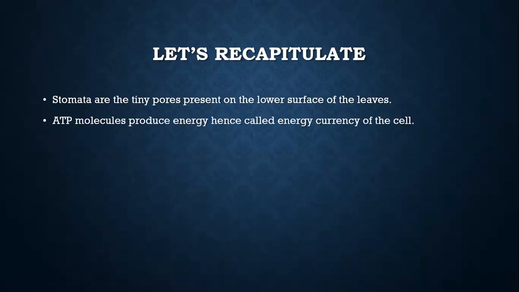Now, next we will discuss the recapitulation. In your book, it is the last topic after the reading part, the points to remember, also some important points of your chapter. Stomata are the tiny pores present on the lower surface of the leaf.